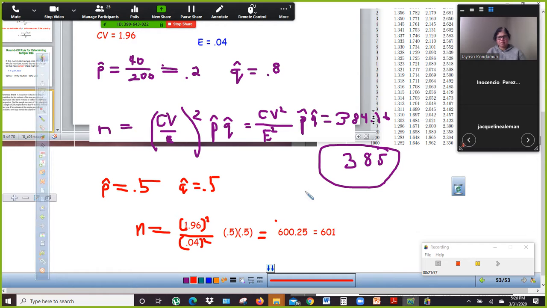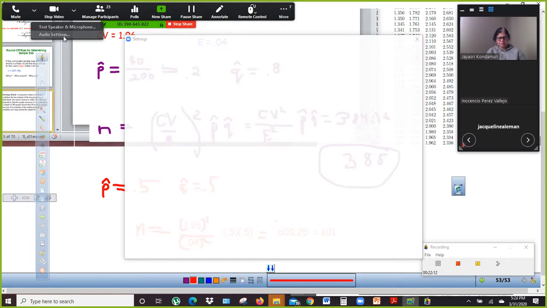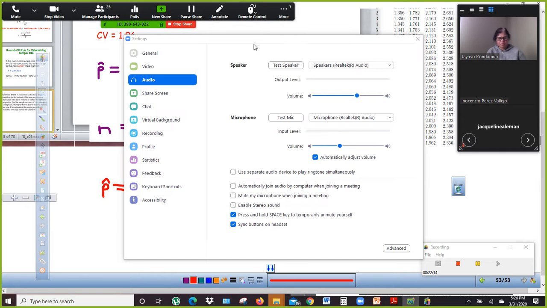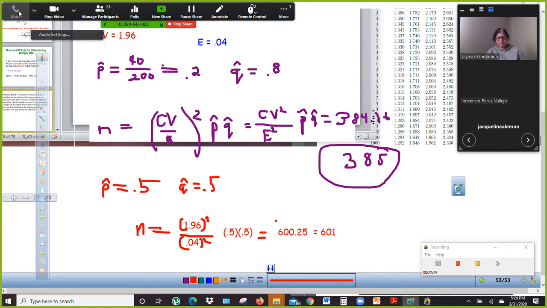I am. If you're having trouble with that, this is what I do. I go to my audio settings, and I switch to my audio on my phone. So can you guys see this or not? You probably can't. That doesn't help me. Maybe you have to do it later.